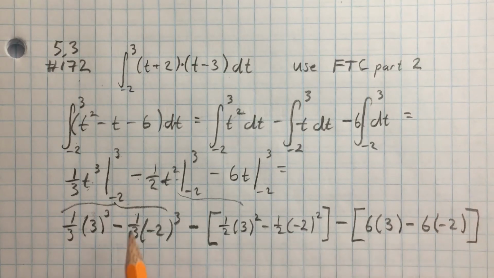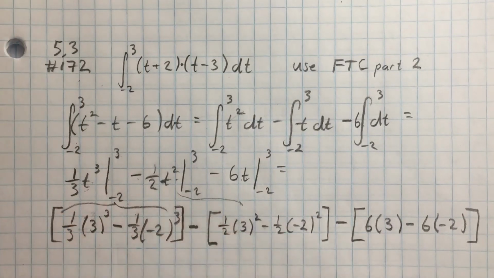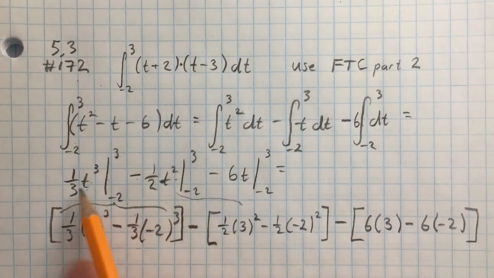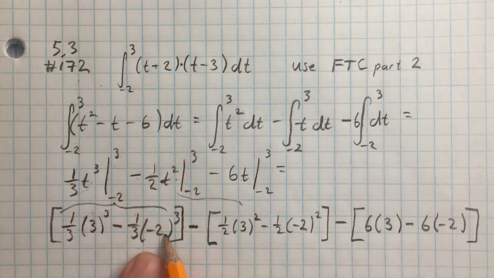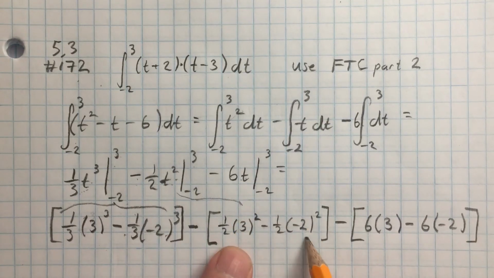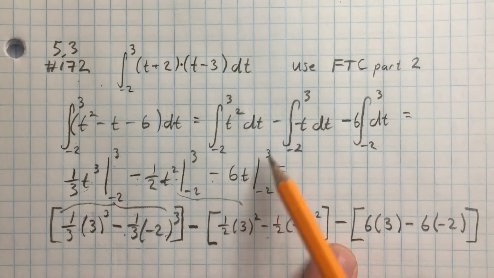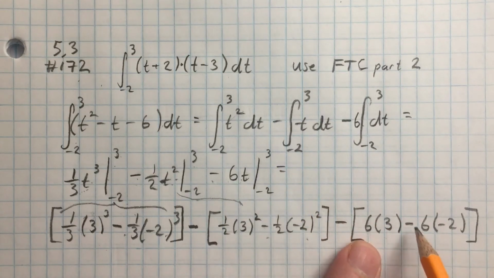So there's the fundamental theorem of calculus applied to each of these three separately. Let's go ahead and close this one too while I'm at it. Again, antiderivative with 3 and -2 plugged in, subtracted. Minus, minus. Antiderivative with 3 and -2 plugged in, subtracted. Minus, minus. Antiderivative with 3 and -2 plugged in, subtracted.